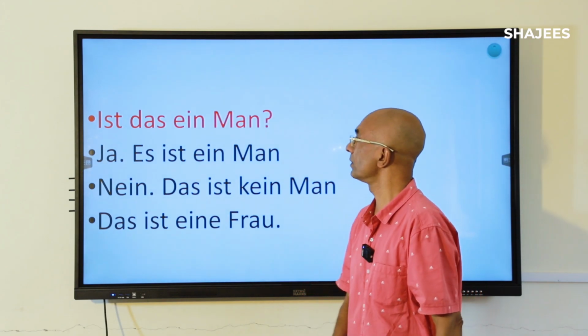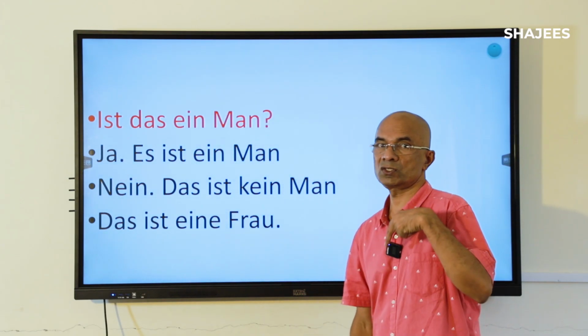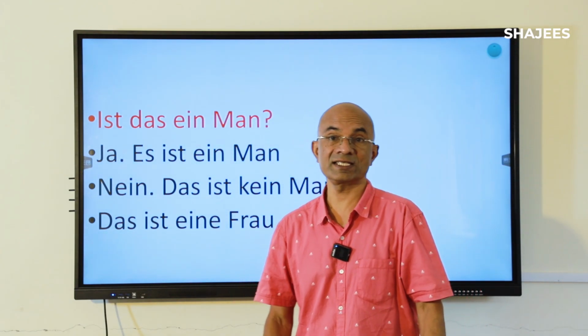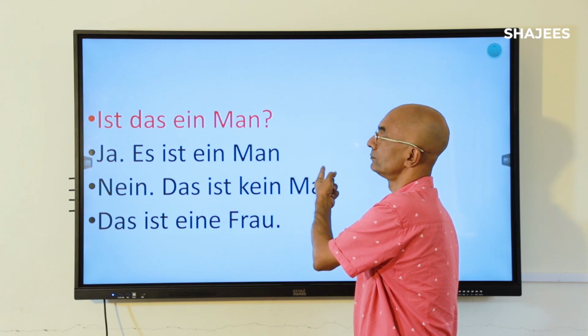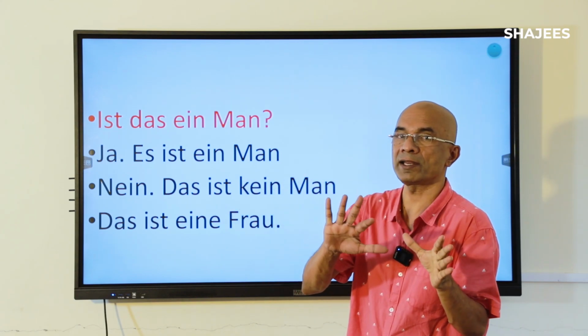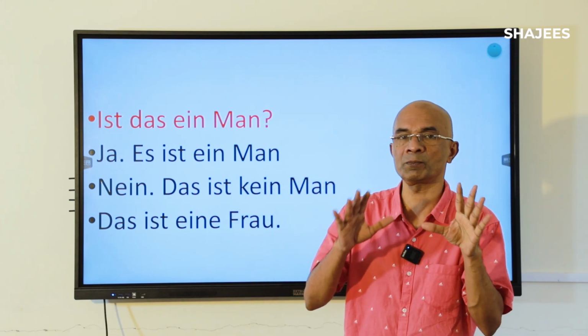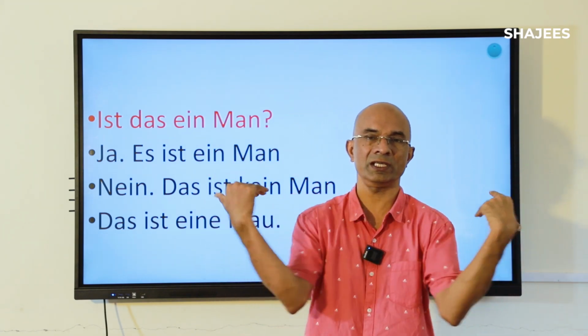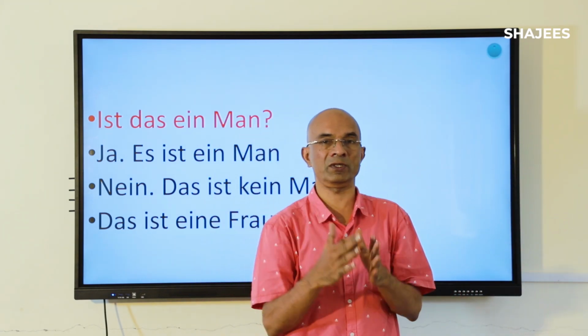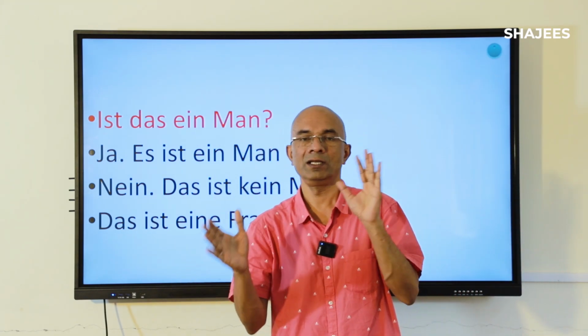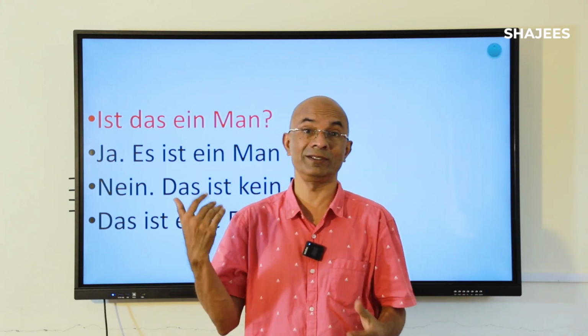Now next, instead of Hund, we are asking, is this ein Mann? We are seeing man and Frau. Sometimes we see people and cannot recognize, because of the dressing and all these things, if you are looking from far away, whether it's a man or a lady, a girl or a boy. Sometimes it's very difficult to differentiate.